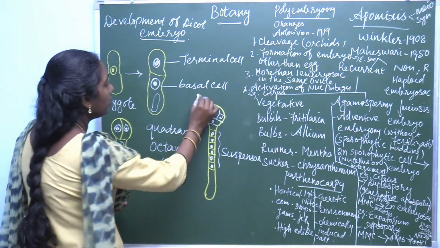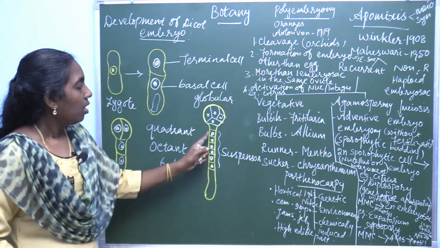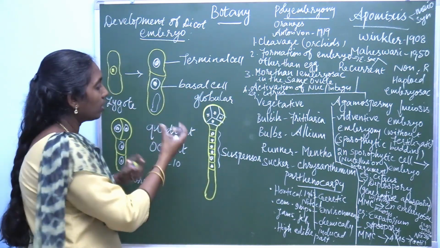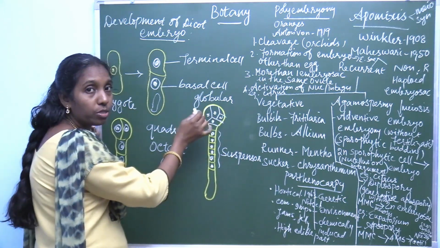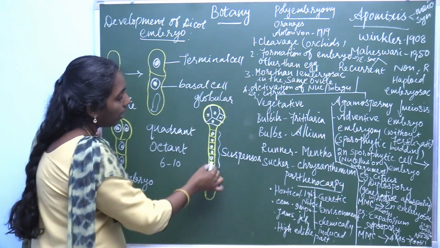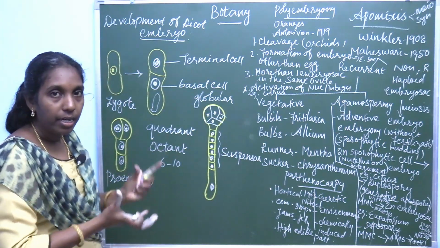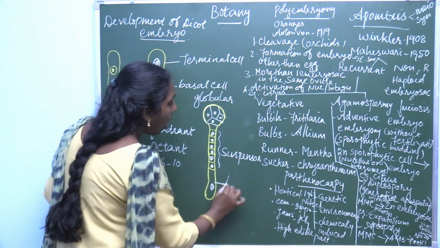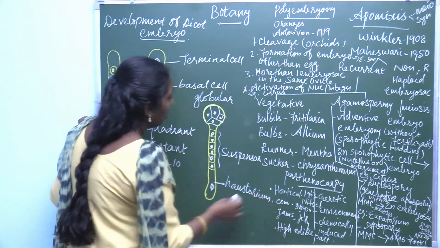In the globular stage, the suspensor helps to push the embryo deeply into the endosperm. The uppermost cell of the suspensor is elongated or enlarged and becomes the haustorium.